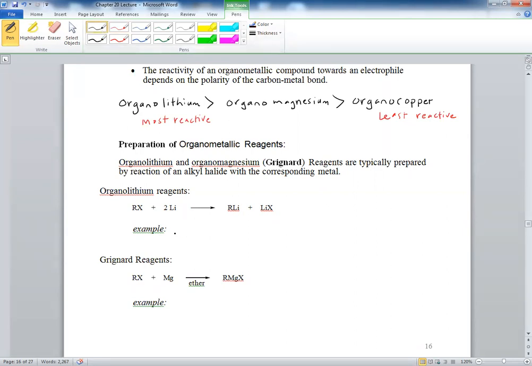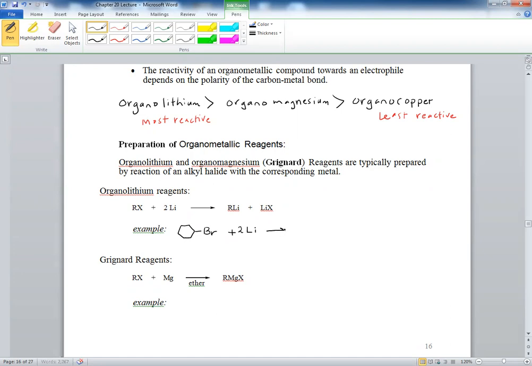I could have bromine like this, and I can react this with lithium. I'm talking about lithium metal in this case, not lithium ions, so be very careful. We need 2 moles.